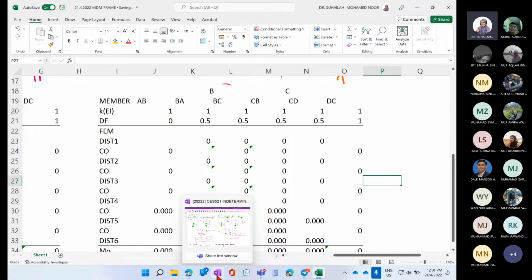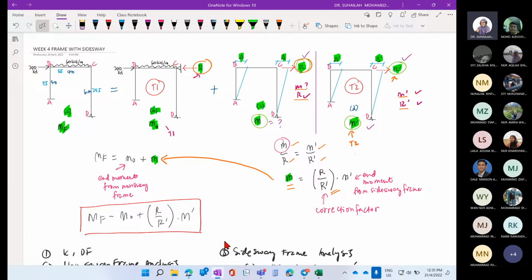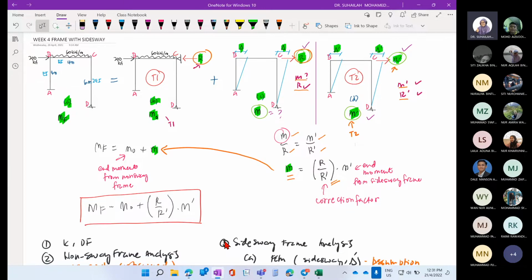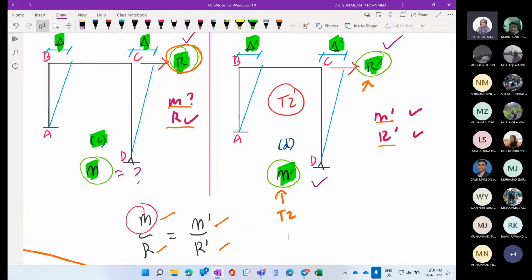Okay, we go back to this. Now concentrate on diagram D. This is the diagram.